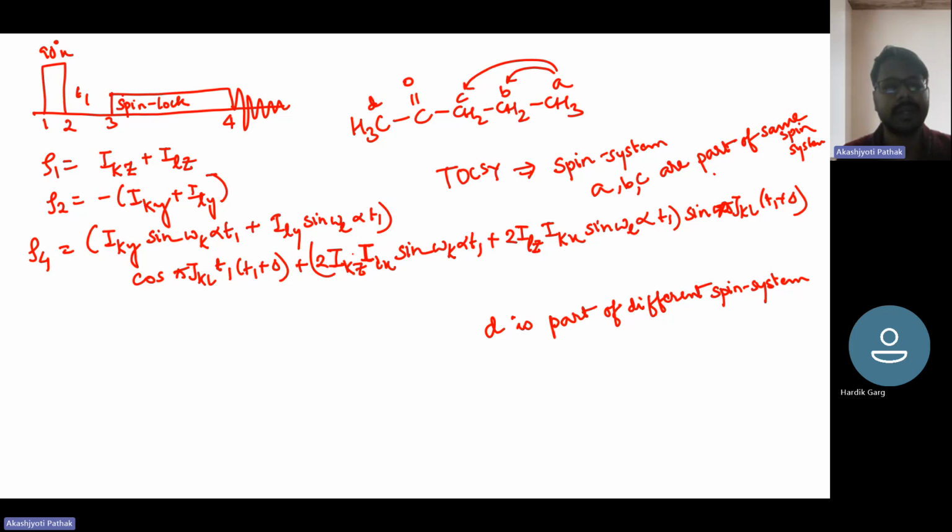So you observe these two, IKz ILx and so on, and these are the antiphase terms, the L spin antiphase with respect to Z, right? These terms will give you the cross peak and the diagonal peak. This one gives you the cross peak, and this one gives you the diagonal peak, and this one gives you the diagonal peak, right?